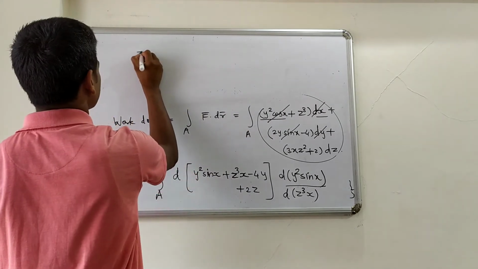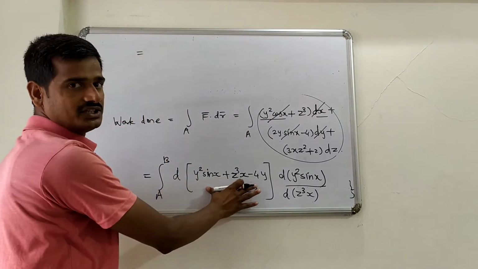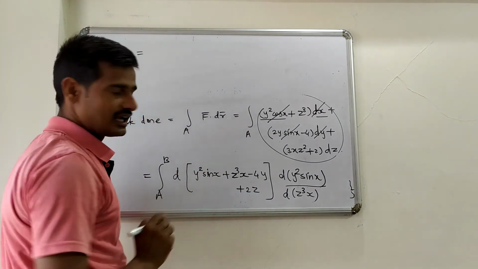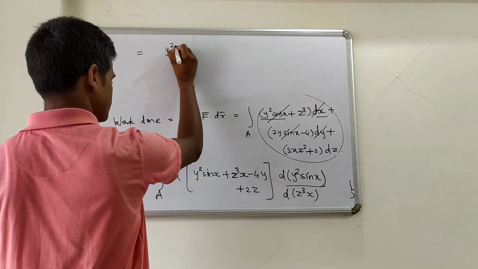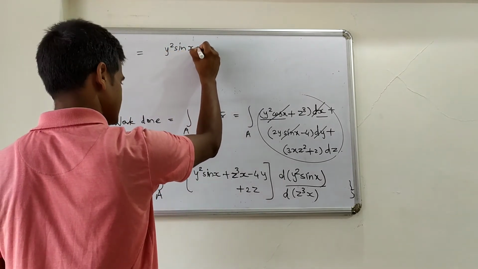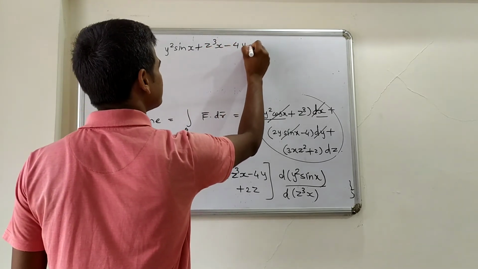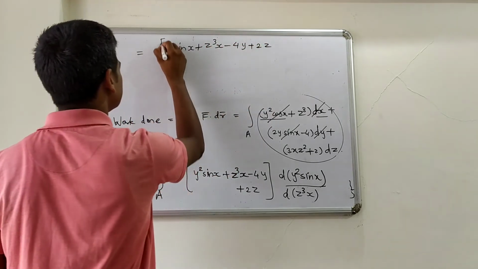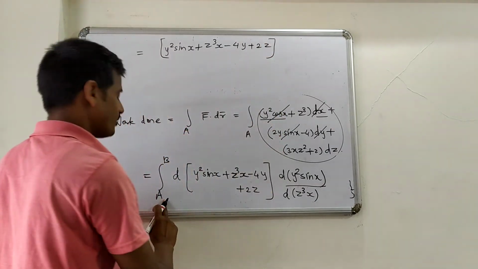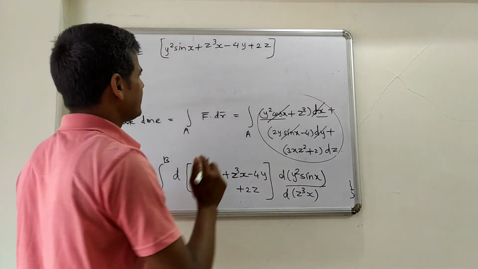So therefore integration of d of this, integration and derivative will cancel. So it is equal to y square sin x plus z cube x minus 4y plus 2z, now from a to b. So what is a?